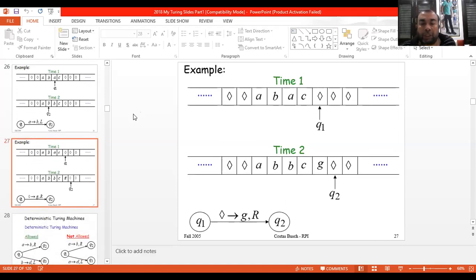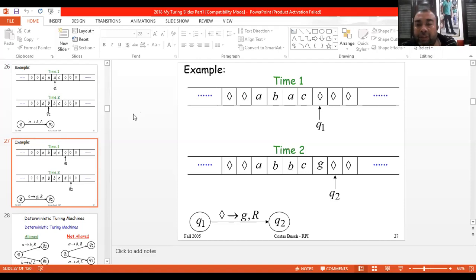Now according to this transition, you are in state Q1. If you are reading a blank symbol from the input tape, convert that blank symbol into G, move right and change your state from Q1 to Q2. So according to this transition, time 1 is converted into time 2.